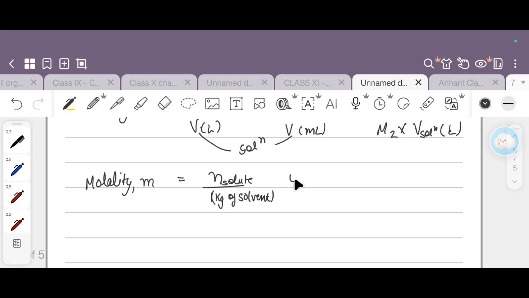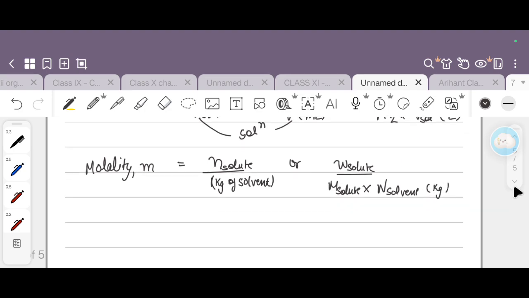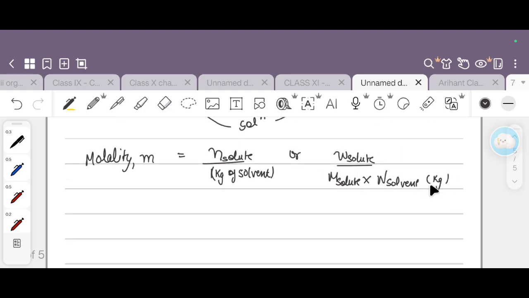We can say it is given mass of solute divided by molecular mass of solute into weight of solvent in kg, or if we use grams, then we multiply the term by 1000.